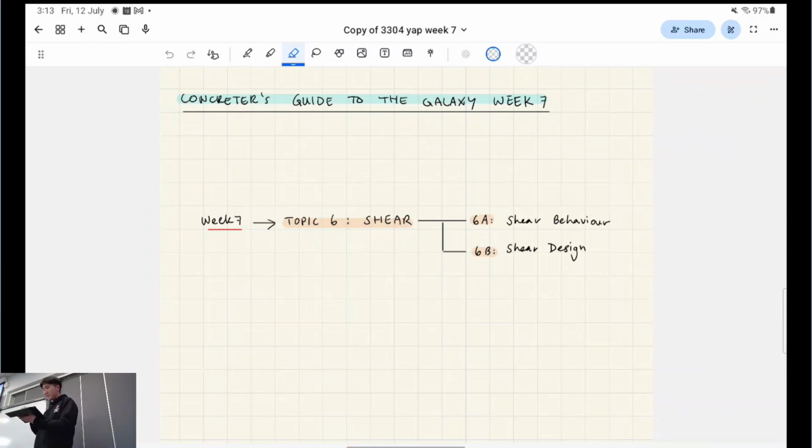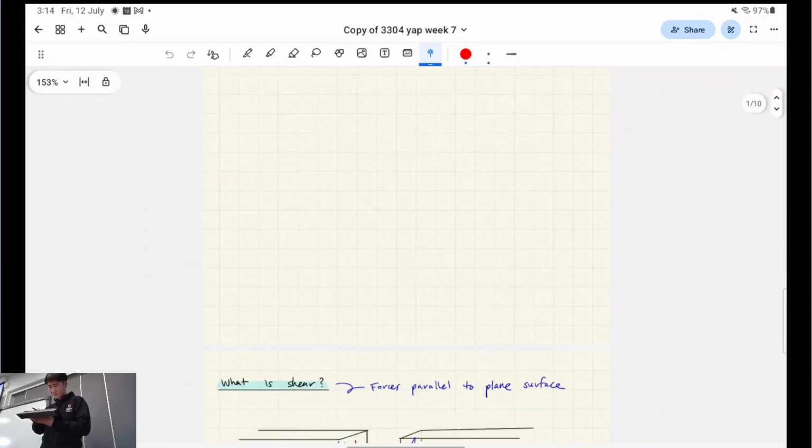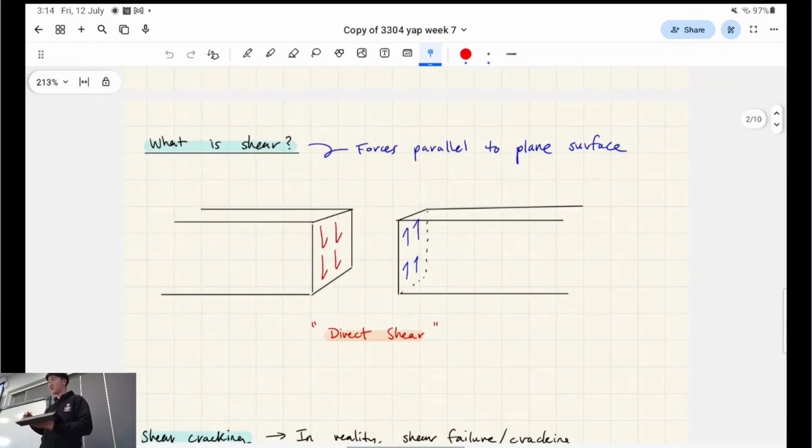So doing shear design is a rather difficult concept to understand. I don't fully understand shear, to be honest with you, but I will tell you from what I do understand, hopefully from a more practical point of view, right? So in terms of shear, we're talking about the shear forces.